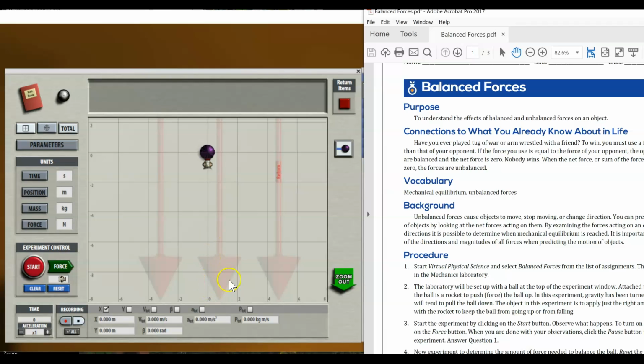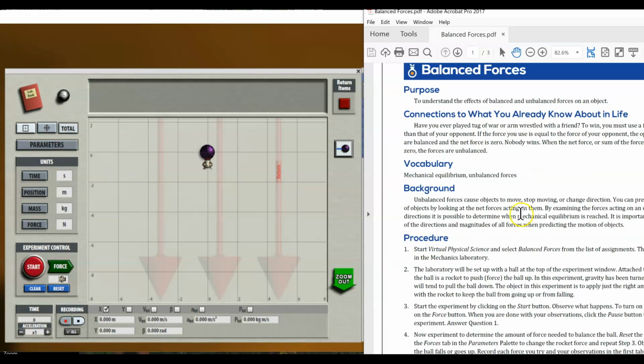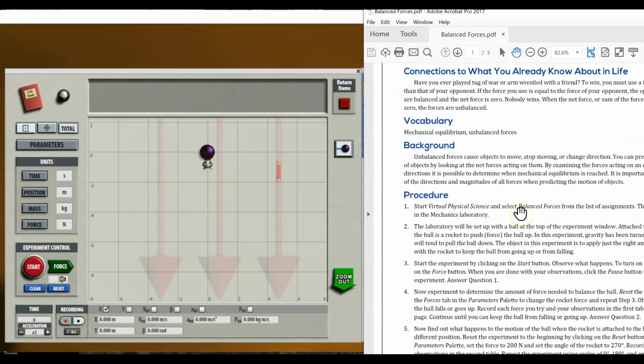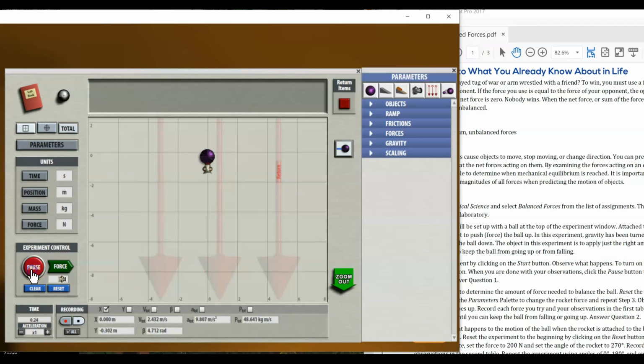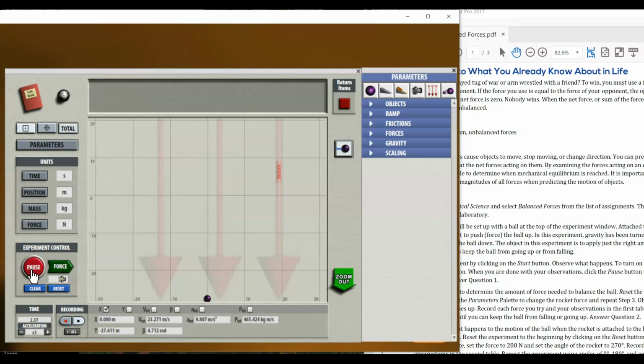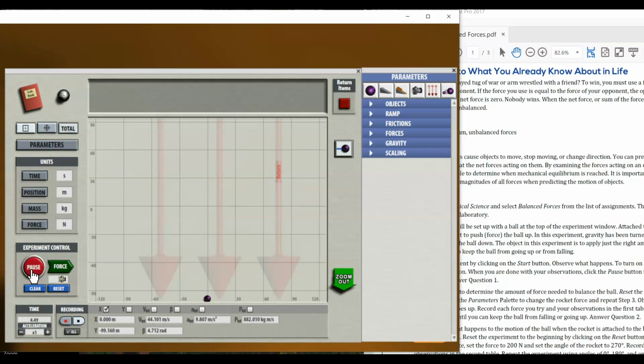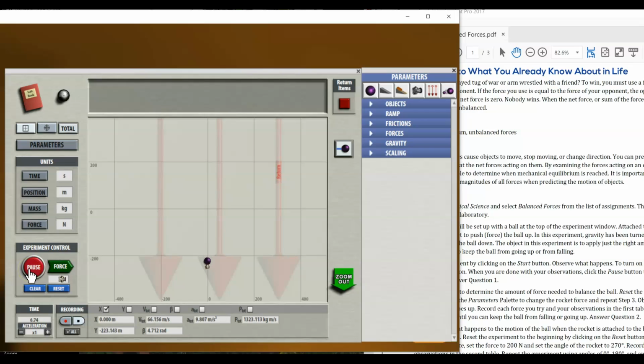Okay? So in section number 3, we're going to start your experiment by clicking on the start button. You will observe what happened. The only force acting on this ball at this time is gravity.